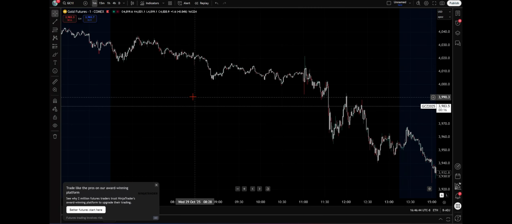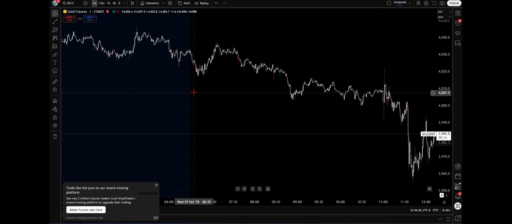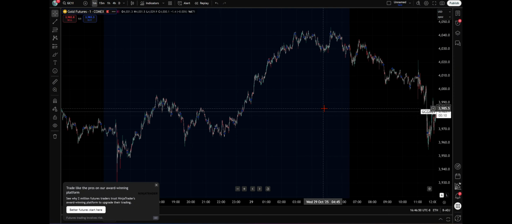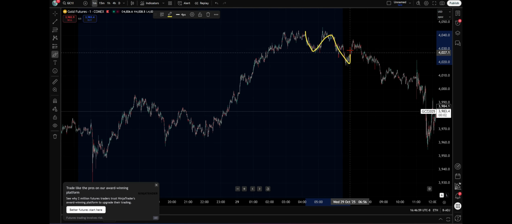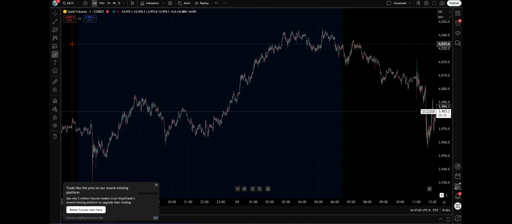So you can see here that this W is actually kind of lower. And if we zoom out on it, you kind of see a W here. There, right? Or even just here.